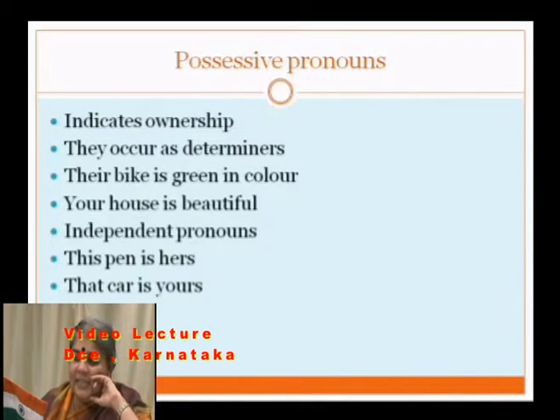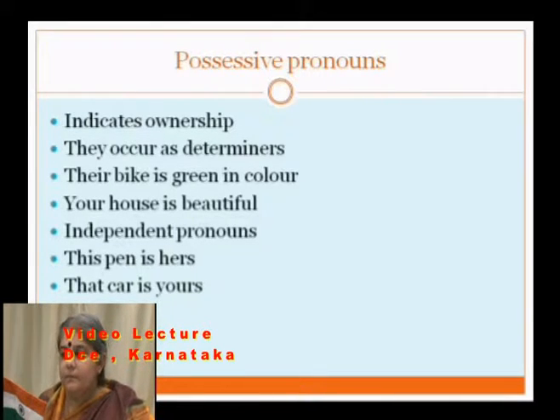Now, what is an example of as determiners in the noun phrase? Their bike is green in color. Now, where is the pronoun here? Their. Their bike is what in color? Is green in color.